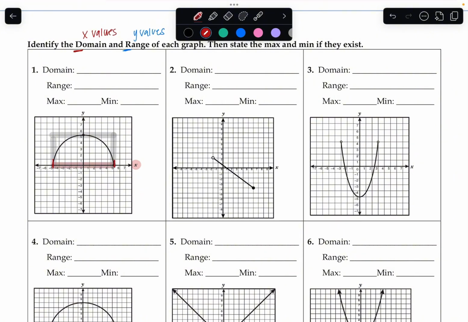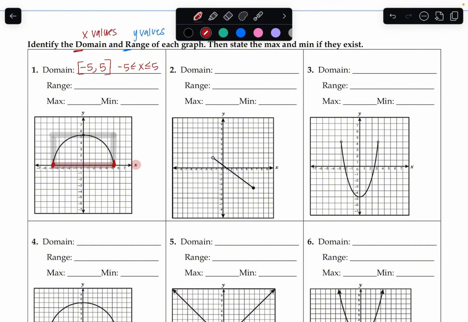And so if we're using interval notation, we would have -5 to +5. And because these are closed circles, we are going to have a bracket on each one. In inequality notation, we're going to have -5 to 5, and then our inequalities are going to have lines underneath.